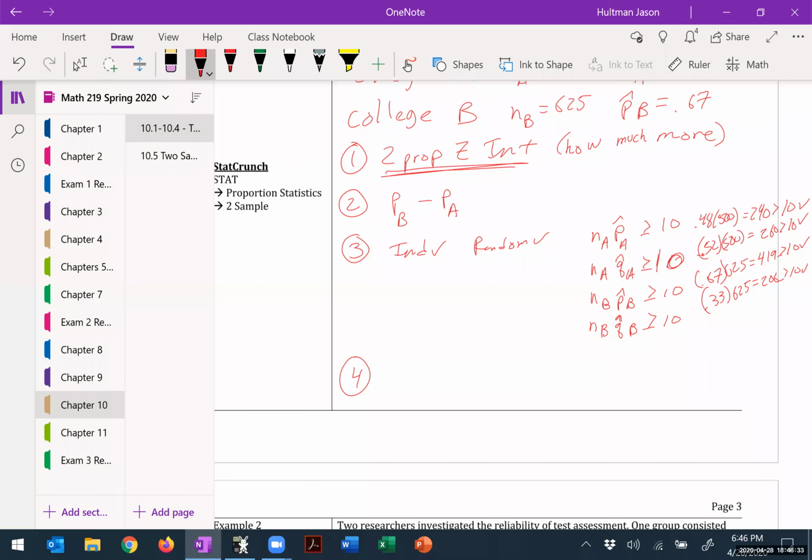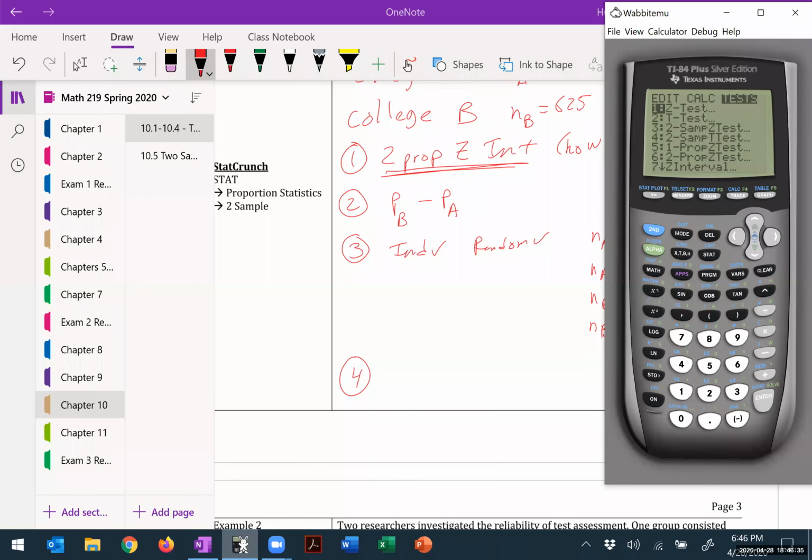It's two proportions this time, and we don't want the test, we want the interval. So it's letter B here.